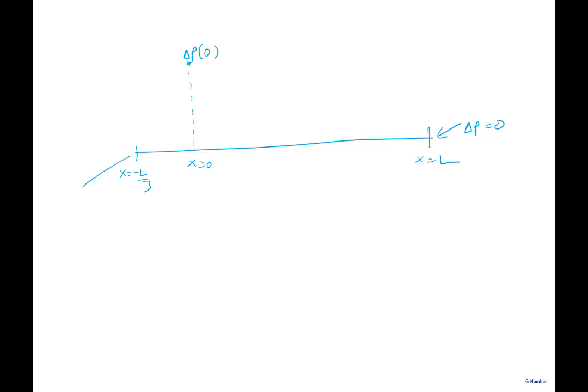What is the excess carrier density at the contact? 0. So how will the hole density go? Linear. This is how hole density will go. So this is how delta P0 goes.